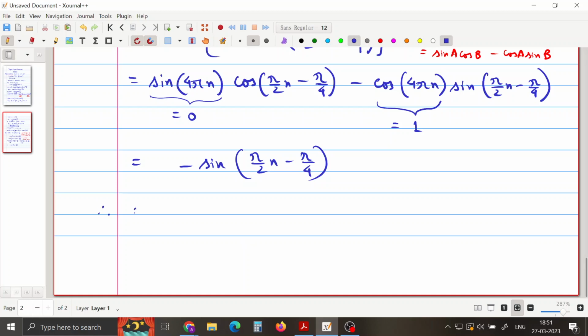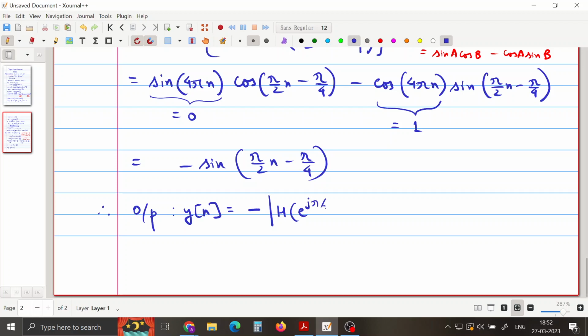So therefore output is given by y of n equals, remember there is a negative sign in front, so we will keep it as it is. Now the amplitude scaling factor is what?